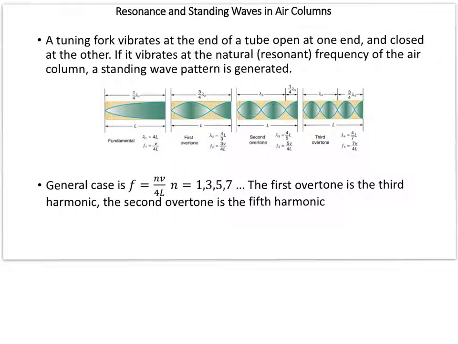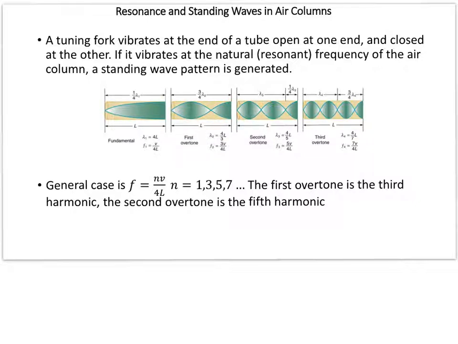Now here's another kind of possible configuration. Again, we have a node on this end, and we have an antinode on the open end. Only now you can see that this is 3/4 of a wave.